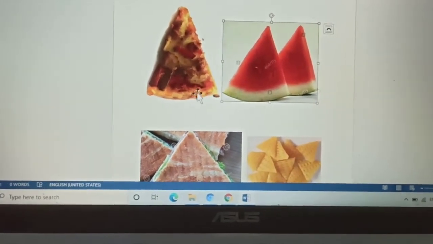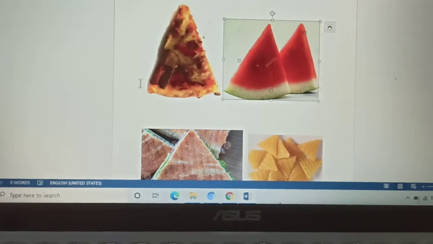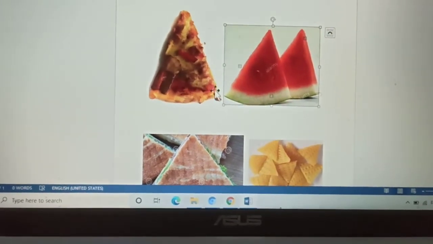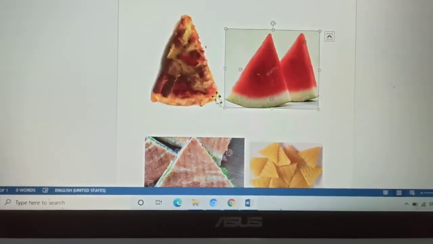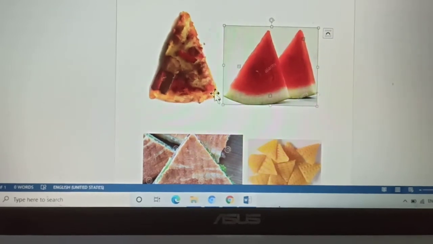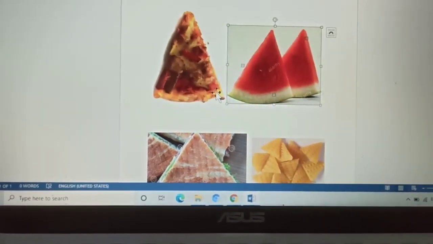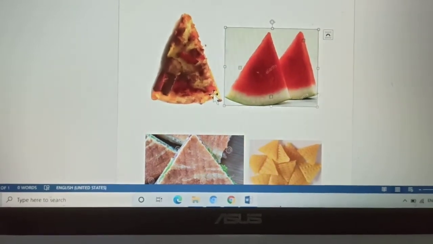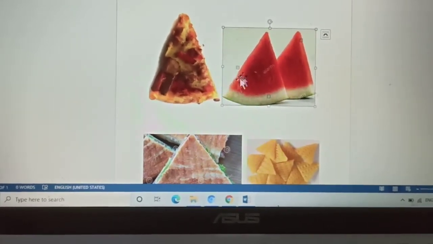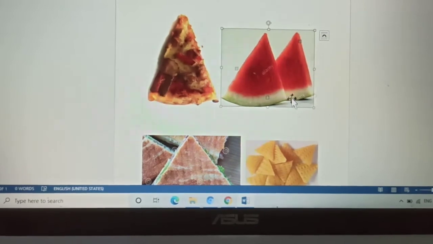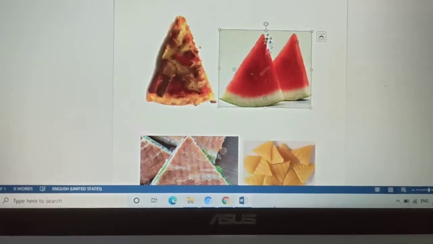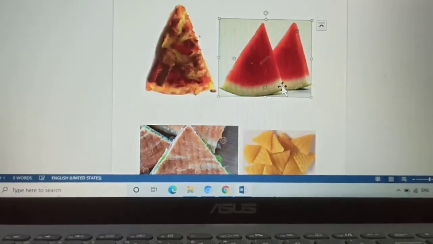It has three sides. 1, 2, 3. So three sides means tri. So it is called triangle. And how does this watermelon look? The cut piece looks like a triangle.